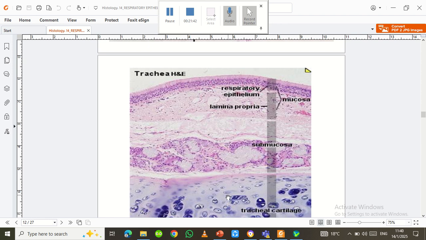Remember your cartilage is avascular, so it depends on the nutrients that are coming from your pericardium. So your pericardium is a dense, irregular connective tissue, right? That is responsible for supplying blood to your cartilage, right? And it also has what you call chondroblasts, right?